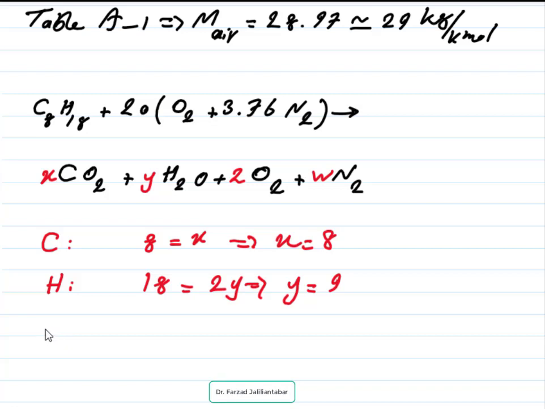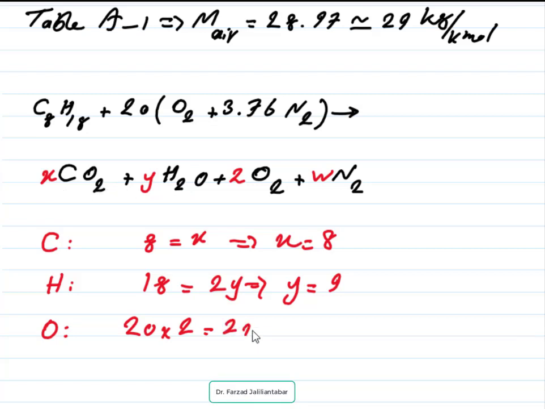Then what about oxygen atoms? How many atoms do we have here? 20 times 2 atoms on the reactant side. What about the products?